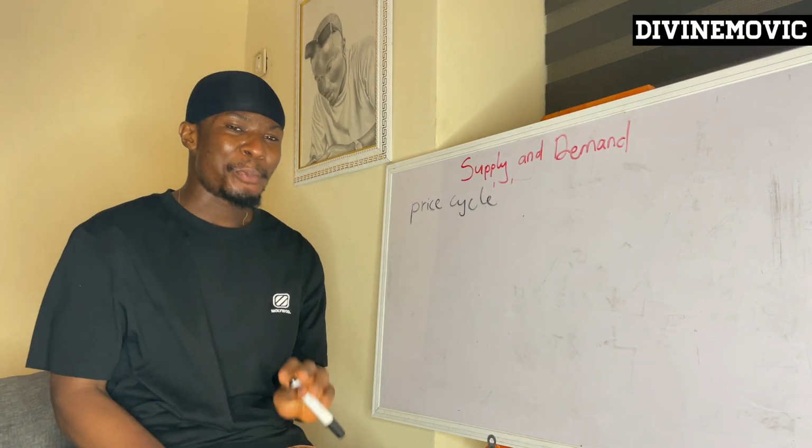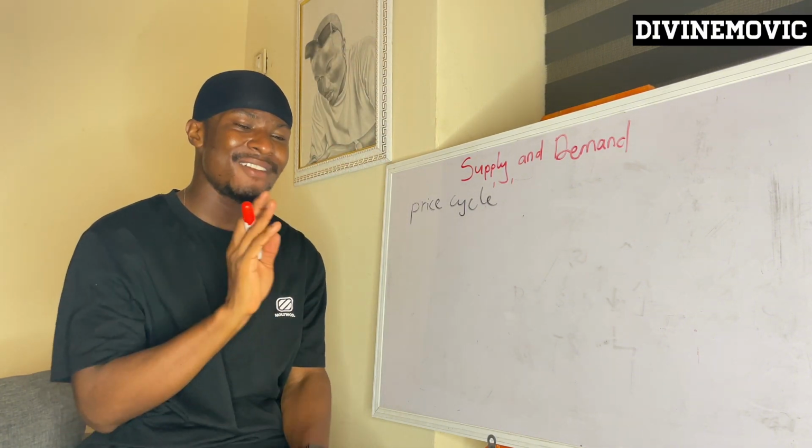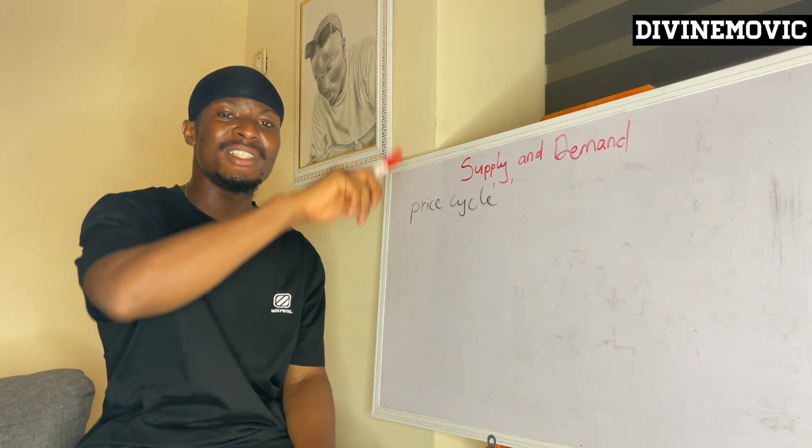Now, price cycle is simply saying that whenever you come to the market, price is moving in this cycle.